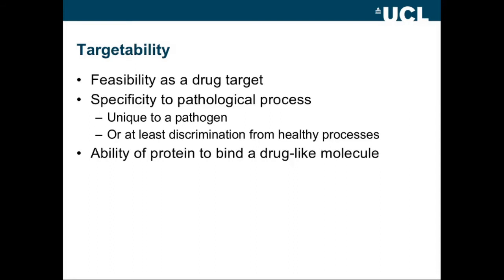Now, in other lectures that I will give you, we will talk about using antibodies as drugs, and in those cases the large shape of an antibody means that it can interact with convex surfaces or flat surfaces that normal small molecule drugs can't bind to. So that means that these sorts of proteins are targetable by antibodies but not by conventional small molecule drugs.